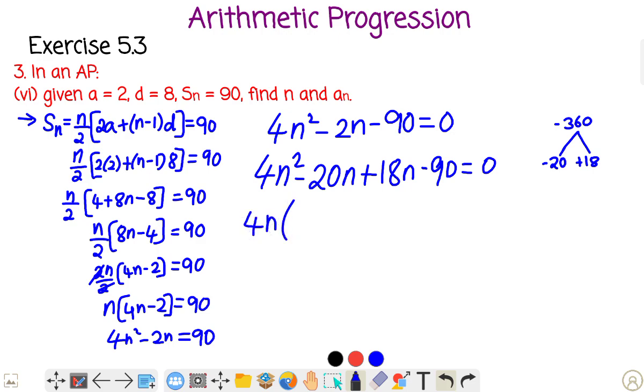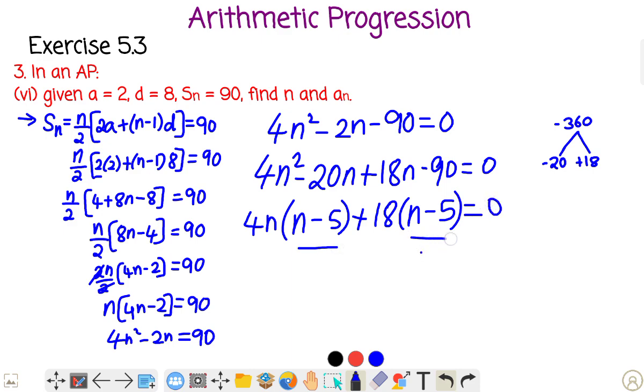If I take 4n common, n minus 5 is remaining, plus here 18 I can take common, again n minus 5 is remaining, is equal to 0. Now n minus 5 is common in both the terms, so n minus 5 I will take common. Here 4n plus 18 is equal to 0.